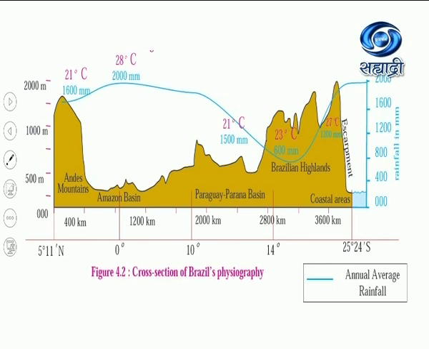As these winds pass ahead, they carry moisture with them, and the Amazon basin receives rainfall of more than 2000 millimeters. And as these winds are again obstructed by the Andes, the rainfall there is about 1600 millimeters. So this is the range of rainfall we see in Brazil.